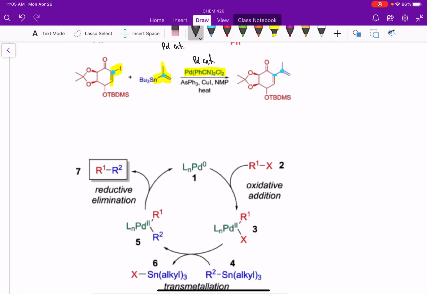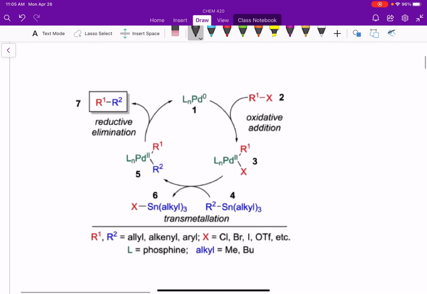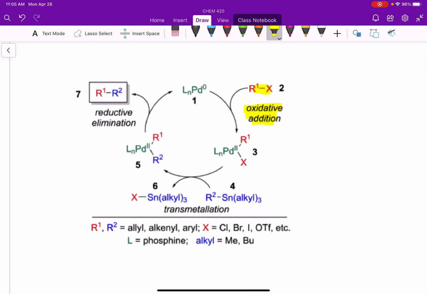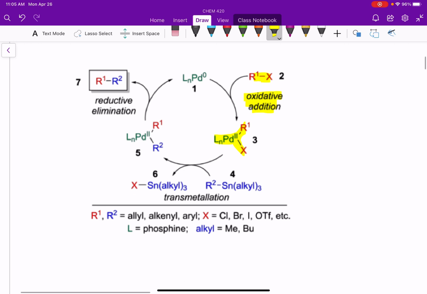This is catalytic. There's an interesting catalytic cycle for these metal coupling reactions. So we start with palladium 0 that will add in a process called oxidative addition in between your carbon-halogen bond, forming this complex here. So the metal has been oxidized. That's why it's called oxidative addition.